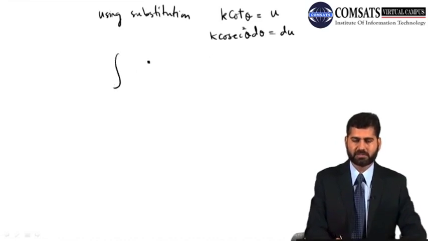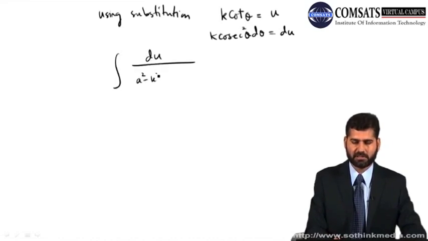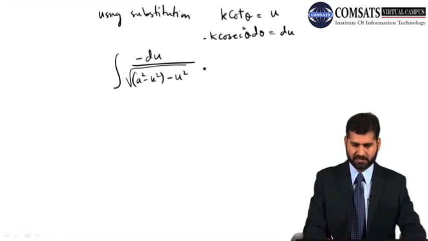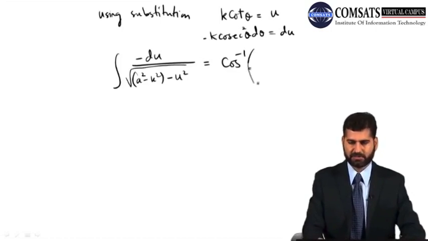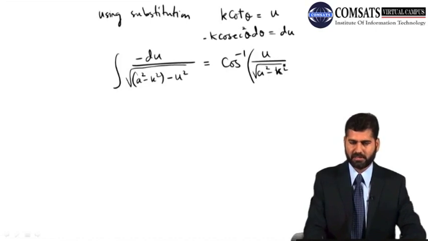So integration becomes du divided by a constant minus u square, with a minus sign here as well because the integral is minus. So this is cosine inverse of u over this constant square root, right? This is the formula.